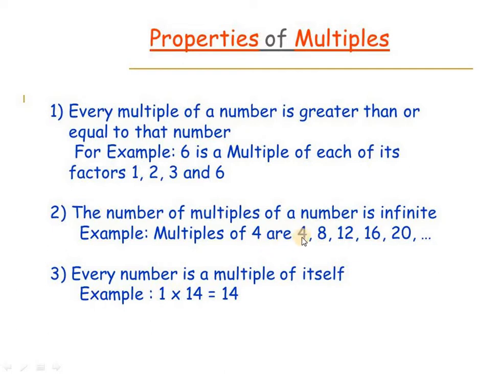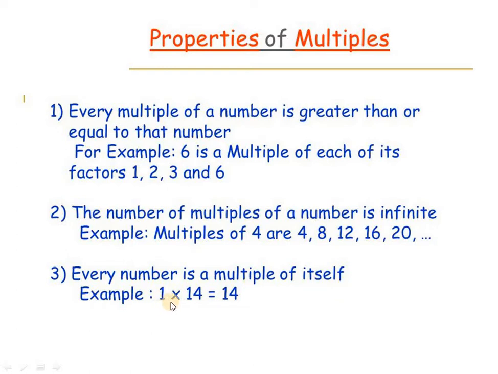Multiples of 4 are 4, 8, 12, 16, 20 and so on. So multiples of a number can be infinite. You just continue, go on and it will not end. That is infinite.